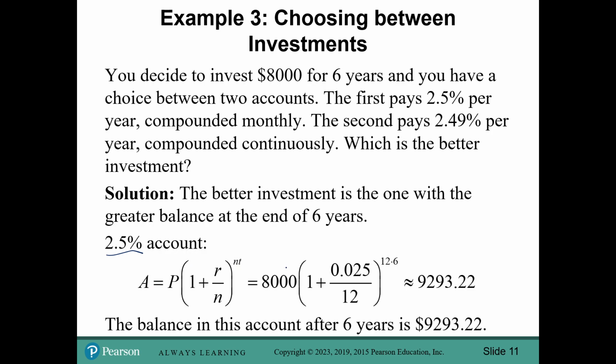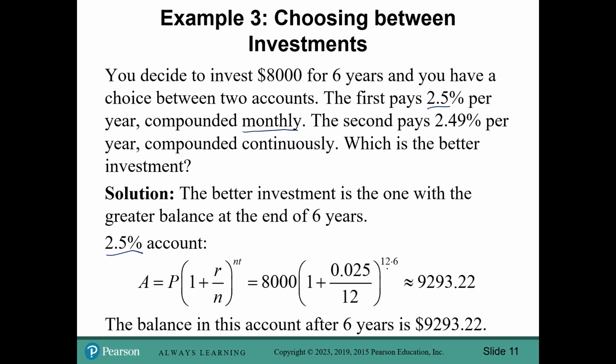Now we're investing $8,000. We're going to multiply that times 1 plus our interest rate, which is 2.5%. We do have to write that as a decimal, so we have 0.025 all over 12, because we're compounding monthly, and there are 12 months in 1 year. So that's why we divide by 12.